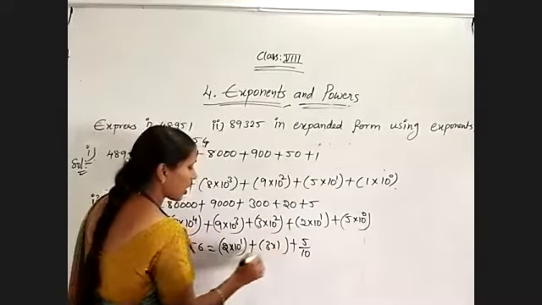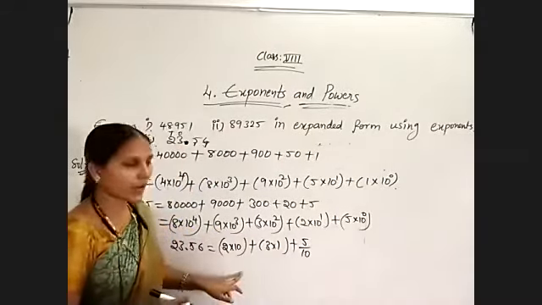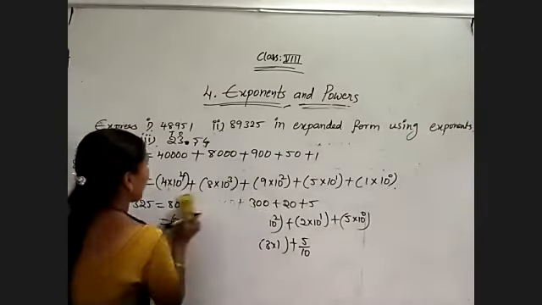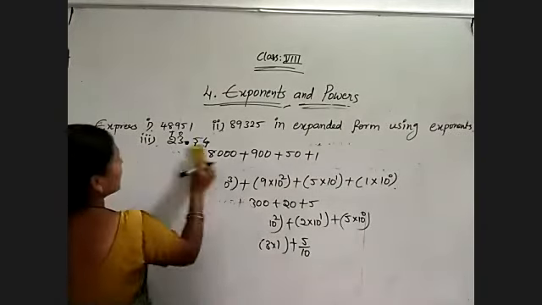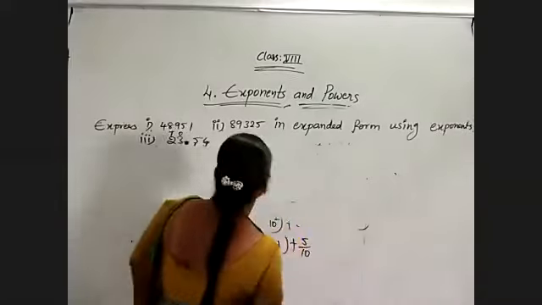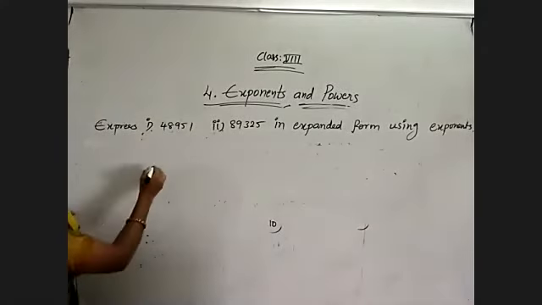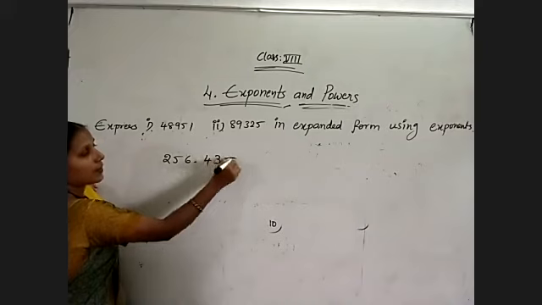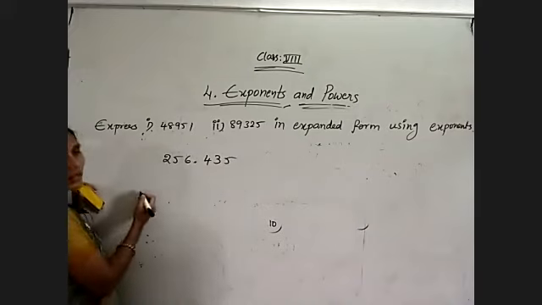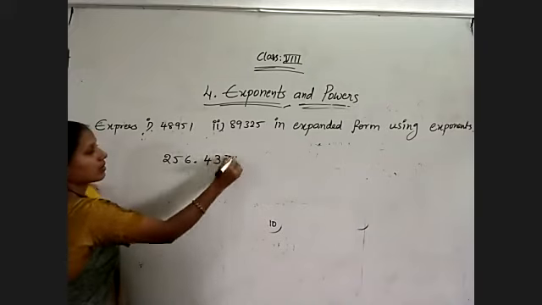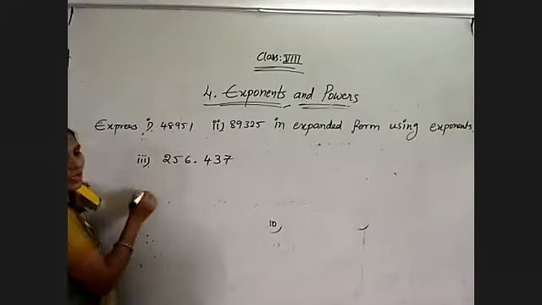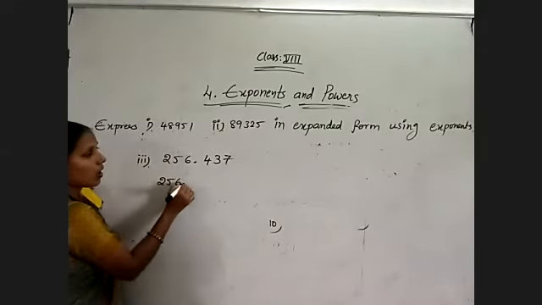First of all, write the normal expansion. That is how we are expanding this number. Take 256.437. For this number, how do I have to expand? In decimal notation, we know how to write this number.